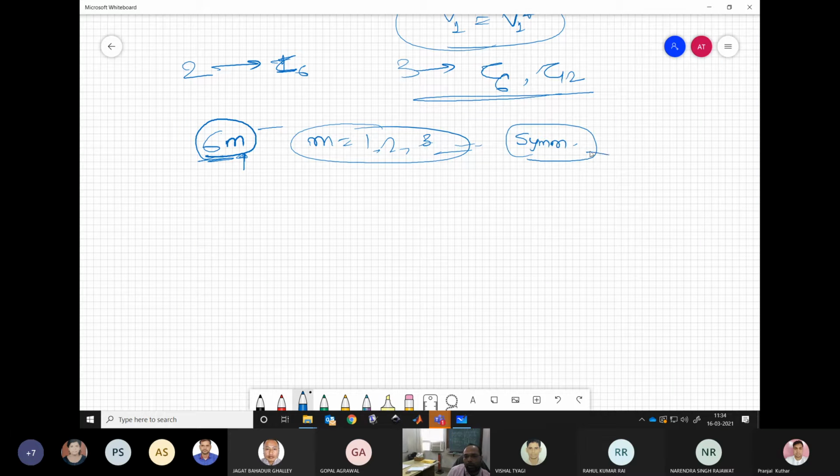Now on top of maintaining all the symmetries, depending on how many degrees of freedom you have, you can eliminate or minimize so many harmonics. So in general, for n alphas, you can have 6n minus 1 up to 6n minus 1 minimization. So if it is 2, then tau 6. If it is 3, then tau 6, tau 12. So like that up to this number.